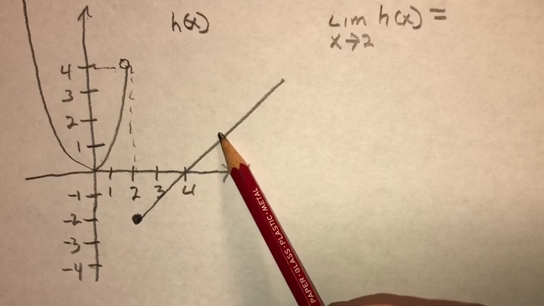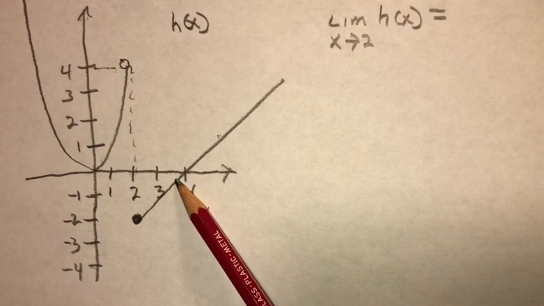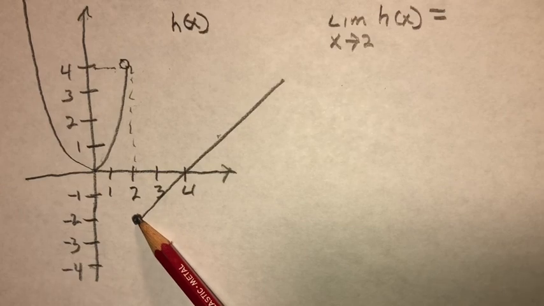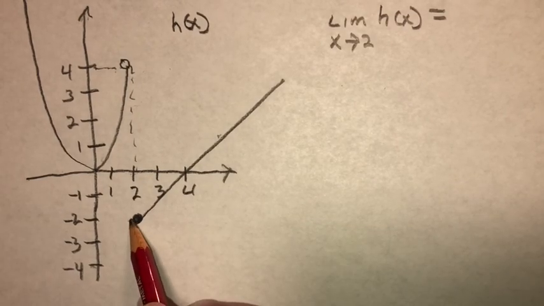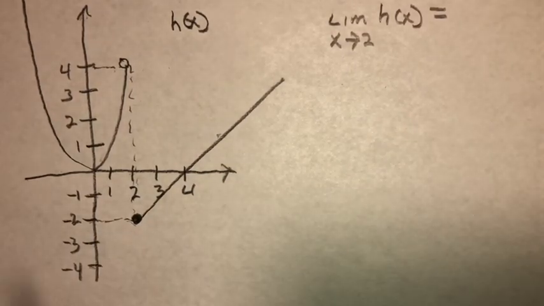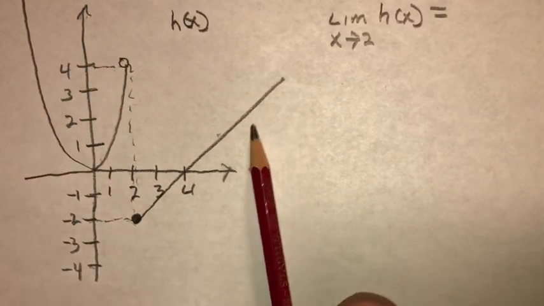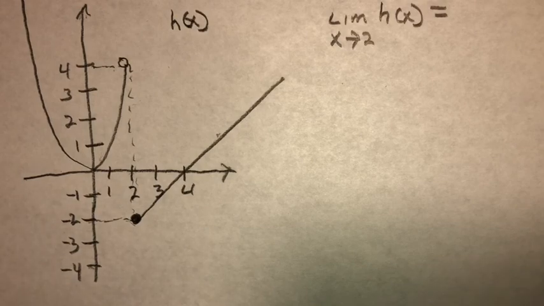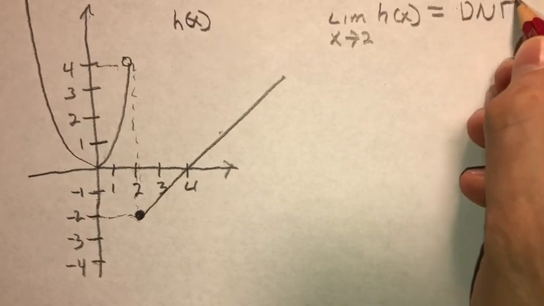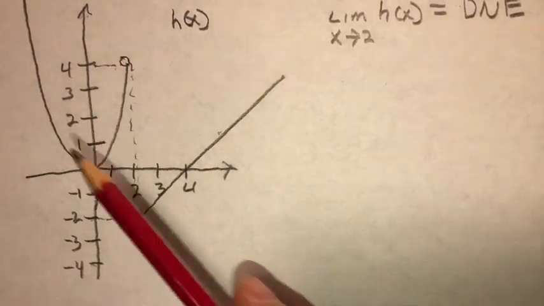So we get on the right-hand piece of this function, and we're surfing towards x equals 2. And the question is, what y value are we approaching when we do that? We're approaching y equals -2. So when we're on the left-hand side, we approach 4, and when we're on the right-hand side, we approach -2. Those values are different. So this limit does not exist, because the right-handed limit and the left-handed limit are different.